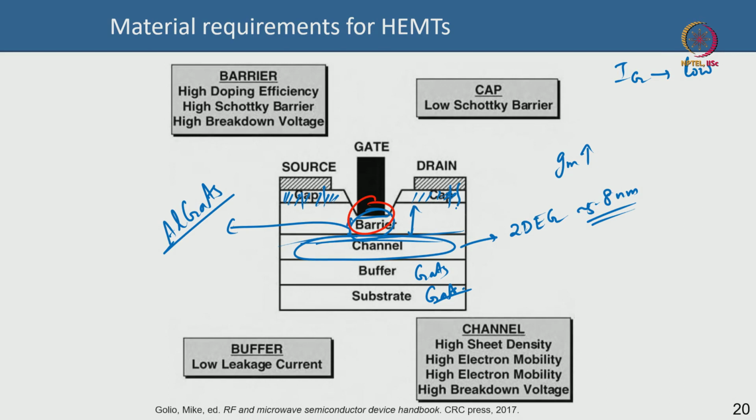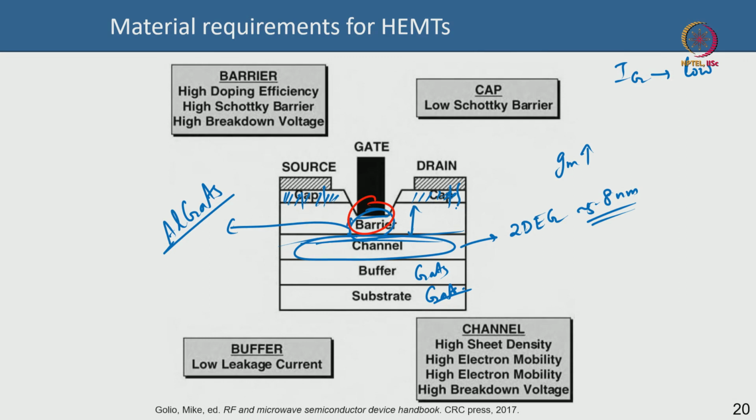In gallium arsenide people use platinum or gold, and also refractory metals if you want better gate reliability. Similarly, your barrier should enable high doping efficiency, which means delta doping, for instance, is more efficient and transfers more electrons to the channel. You need a good Schottky barrier, as I told you already.